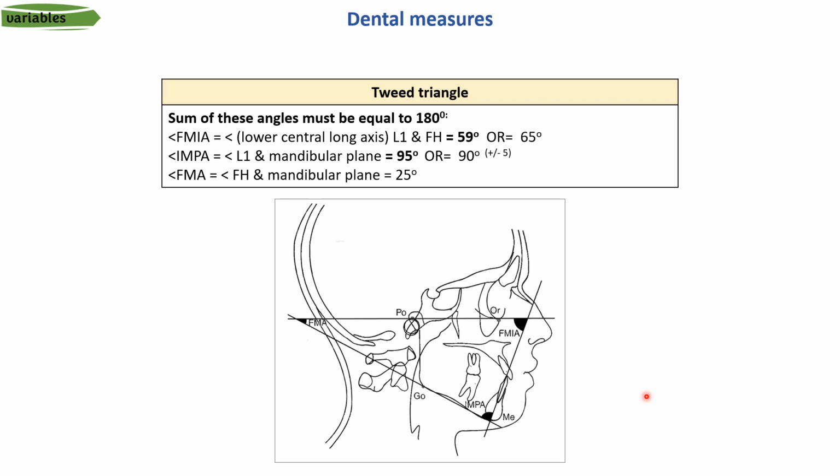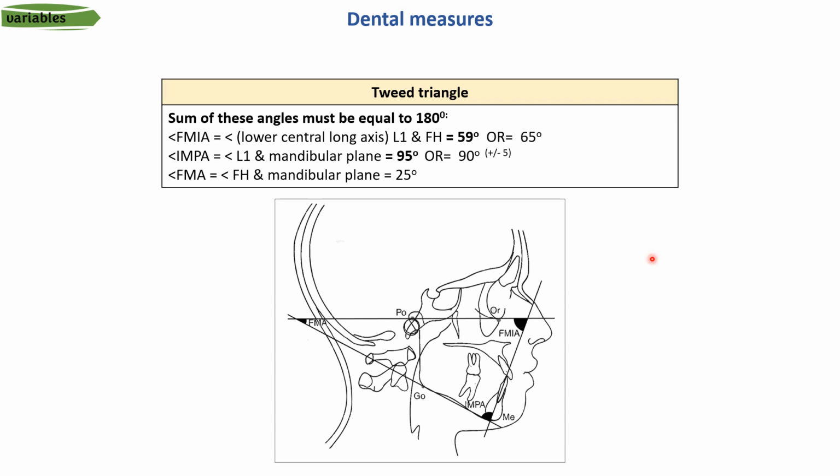The first angle is formed by the Frankfurt horizontal plane and the mandibular plane. The other is formed by the mandibular plane and the long axis of the lower central incisor. And the third angle is formed by the intersection between the long axis of the lower central incisor and the Frankfurt horizontal plane. As you can see, each one of them has a mean value.